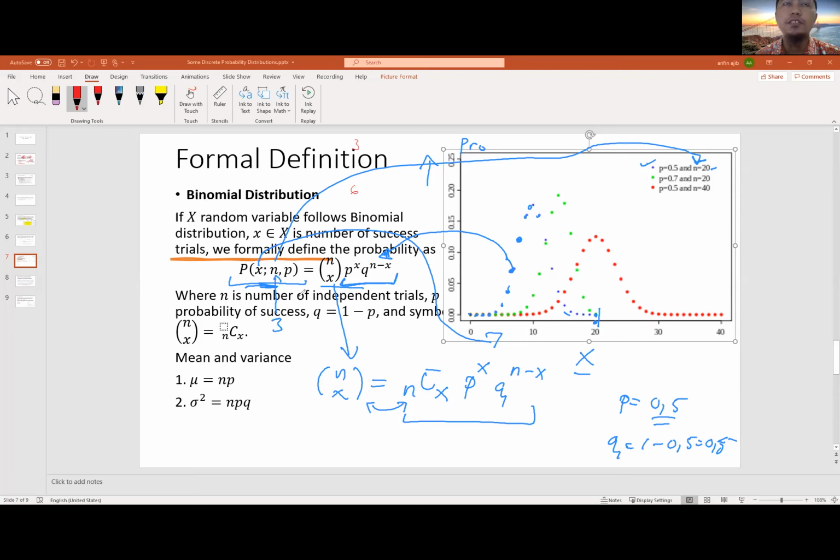And the p, this is the defective, it depends on the definition. We call this p as whatever is defined. Is that clear about this explanation, the formal definition of the binomial distributions?